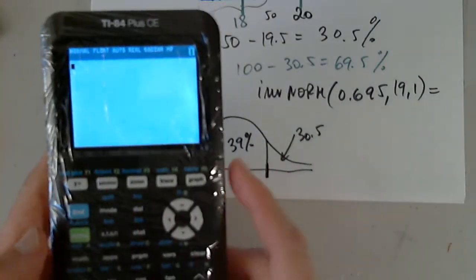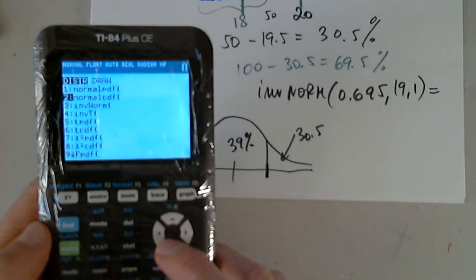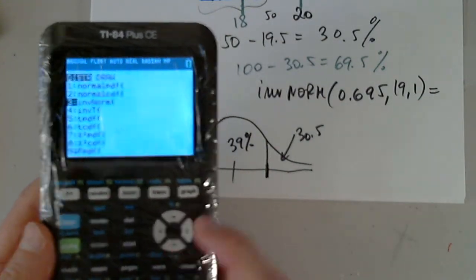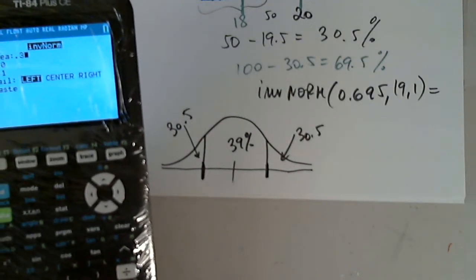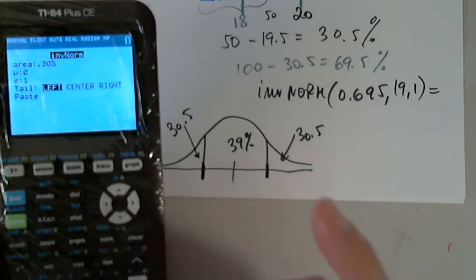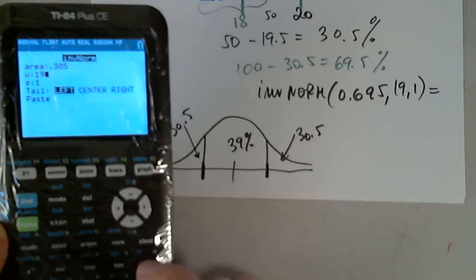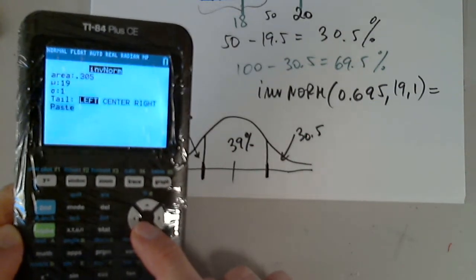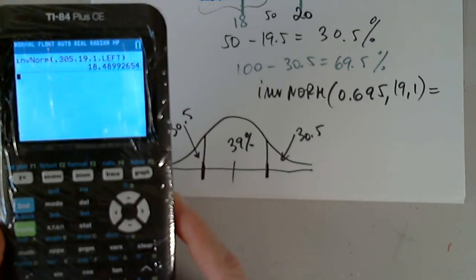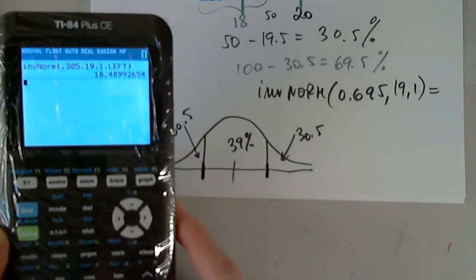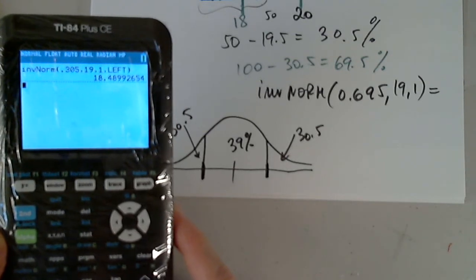So let's see why this calculator is playing games with me. So inv norm, the area to the left, 0.305. Mean, 19. Standard deviation, 1. Left. Paste. Please, be nice to me. Okay, so it's 18.4. It says round to the nearest whole number as needed.